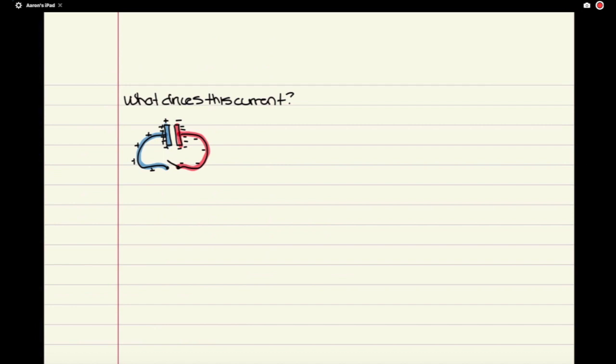So now let's copy this. Now let's drop the switch and actually connect the two together. Notice in this case, the symmetry really has been lost, particularly at this junction here.